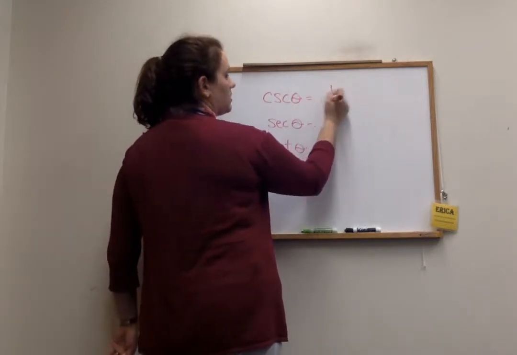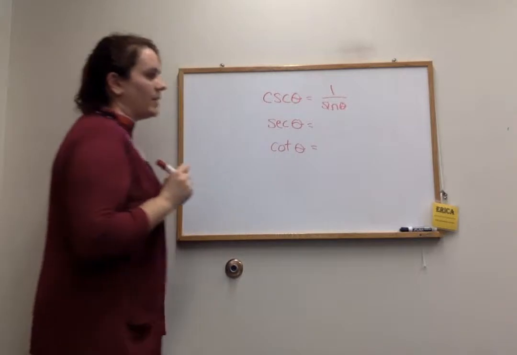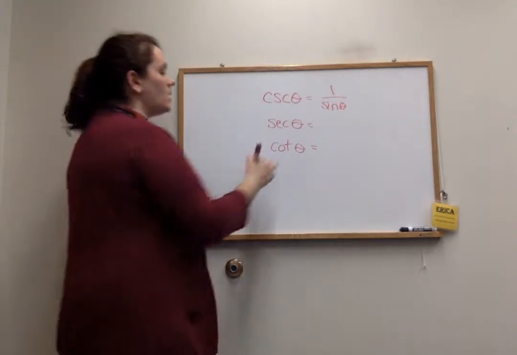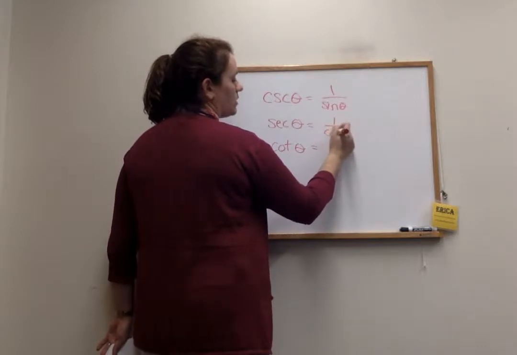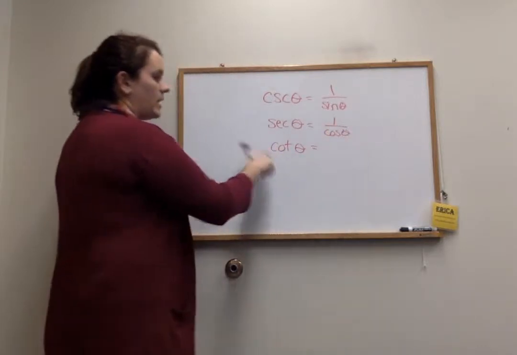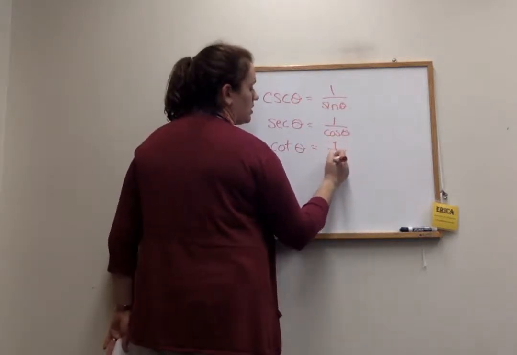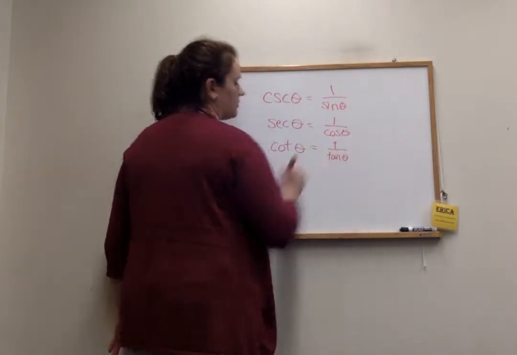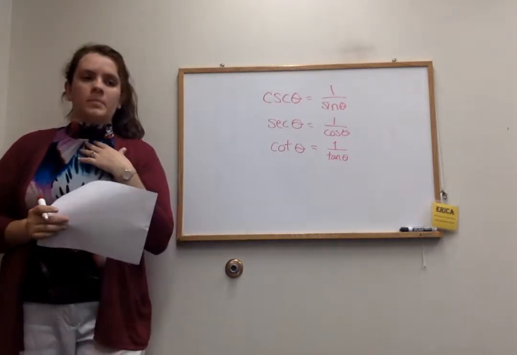Cosecant is the reciprocal of sine, so it is 1 over sine. Don't mind that yardstick that just fell. Secant is the reciprocal of cosine, so this is 1 over cosine. And cotangent is the reciprocal of tangent, which is 1 over tangent.